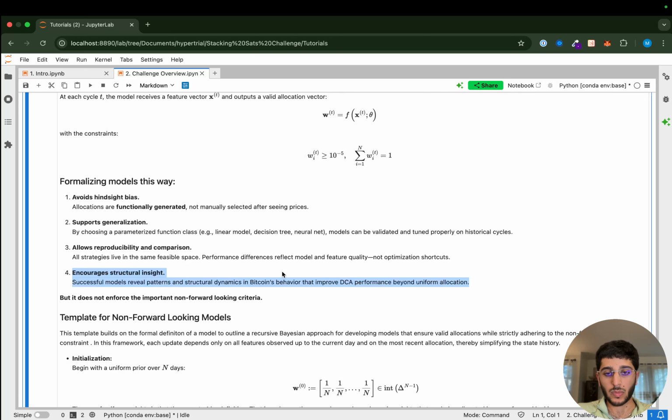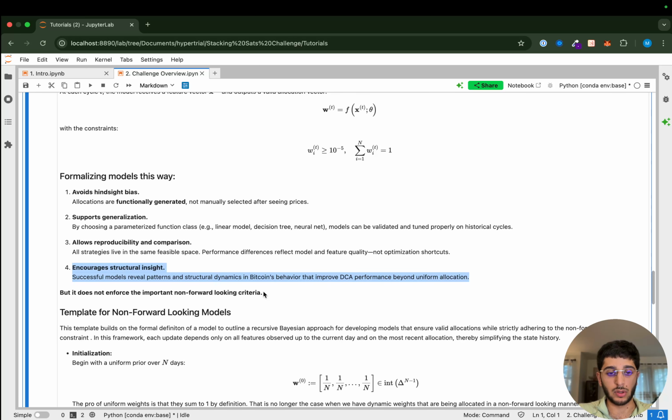So we're actually pushing our understanding of Bitcoin forward by being able to beat a dollar cost averaging strategy. That's almost a prerequisite: in order to beat dollar cost averaging, perhaps you need to know something about Bitcoin.